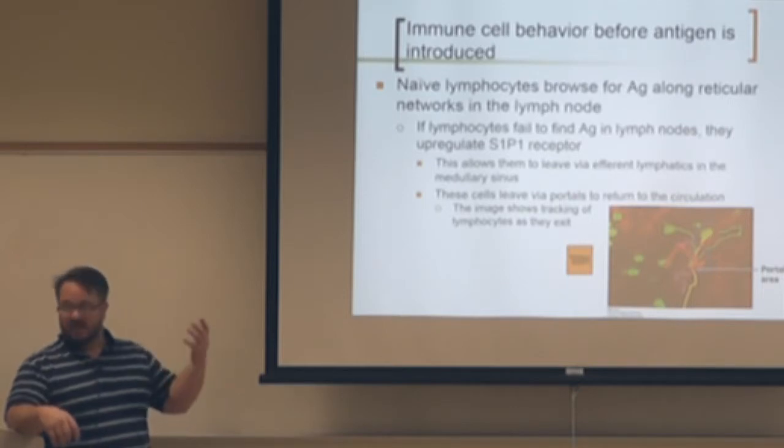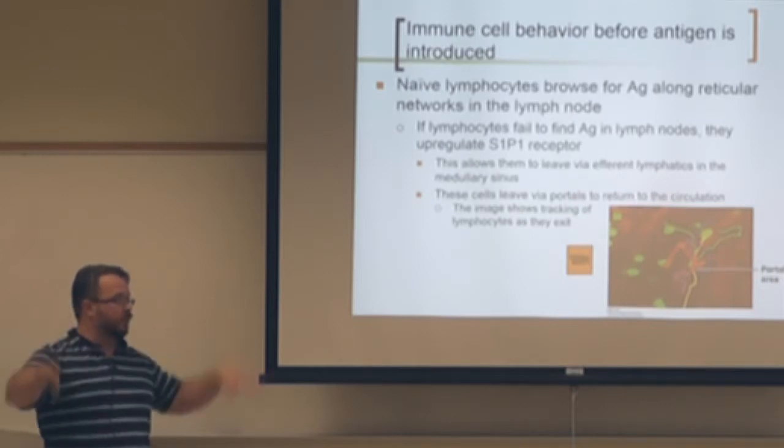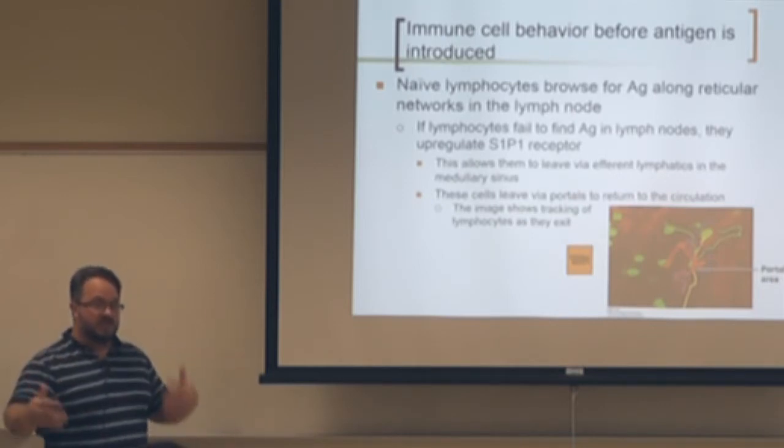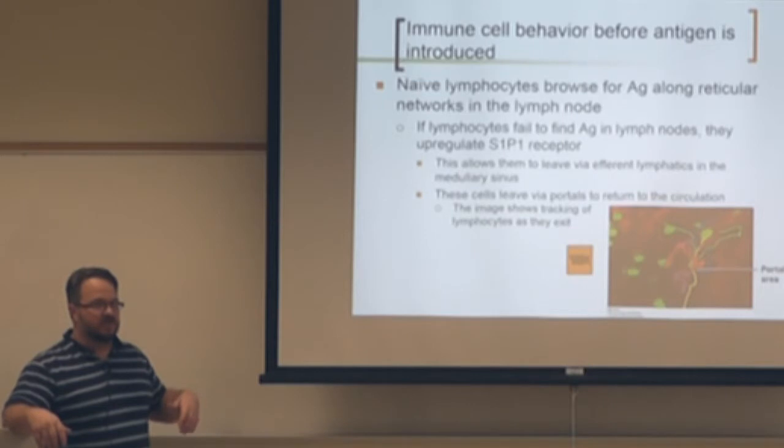And then as they enter the lymph node, as we saw, you get those green dendritic cells coming in and out and probing around, probably having been stimulated and activated in tissue. In this case, it was an experimental system, so they probably injected an antigen subcutaneously or something like that.